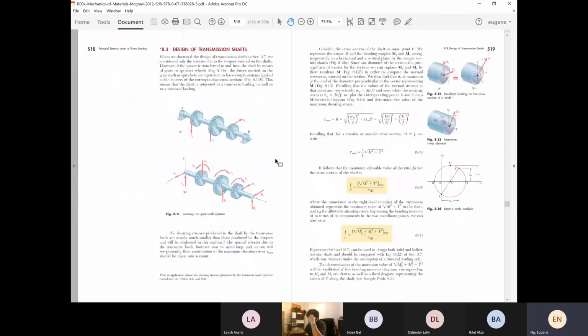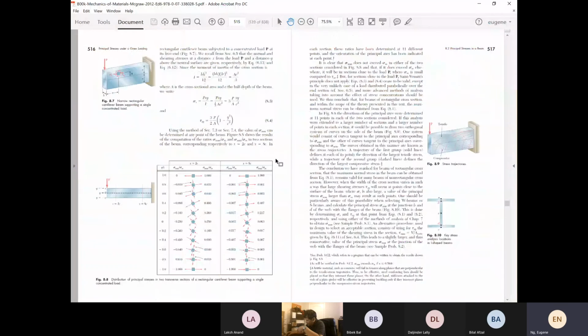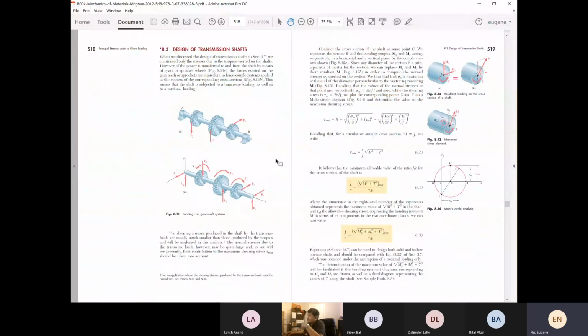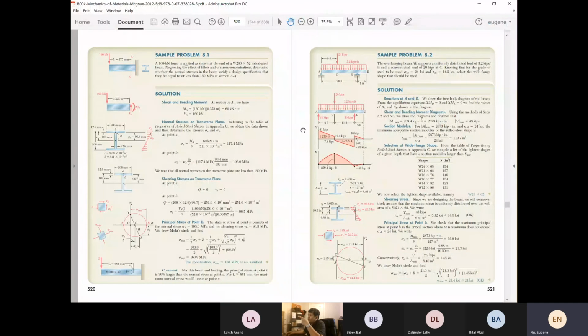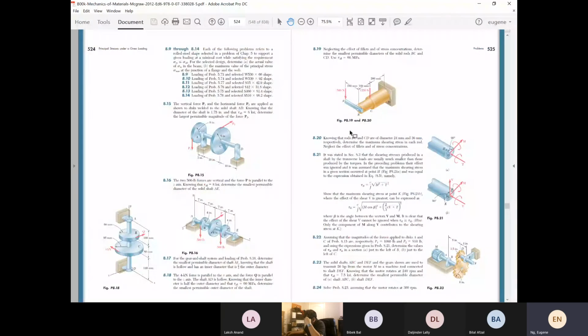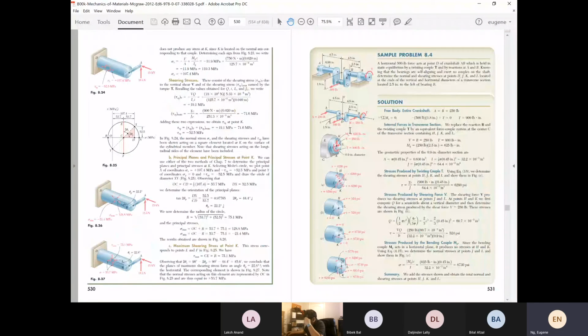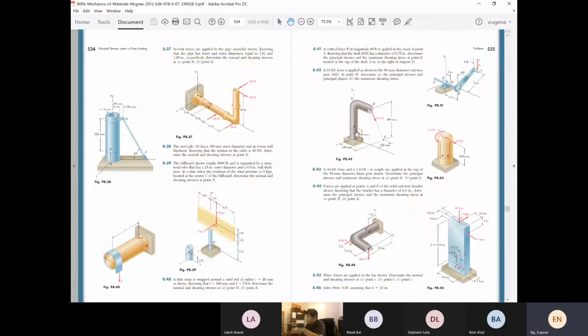In chapter 8, we already have done shaft, then beams, which we have just covered, then gears, and then compound loading like this. So there are three different types of loadings.